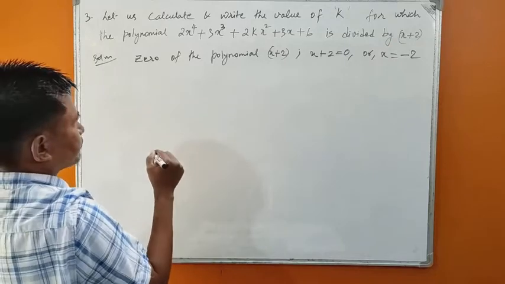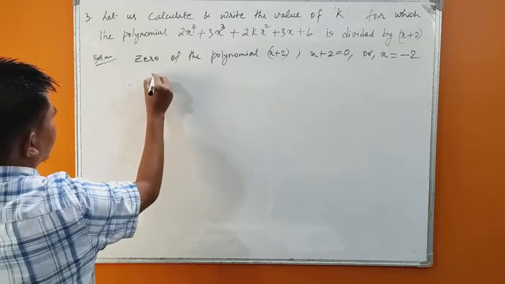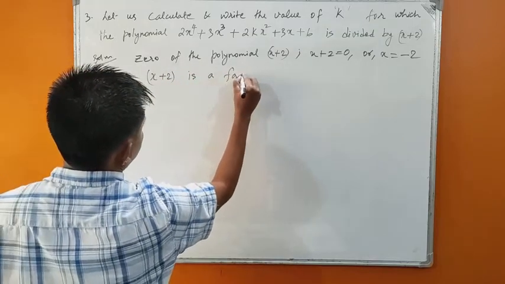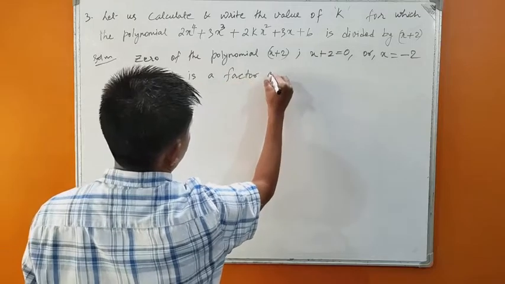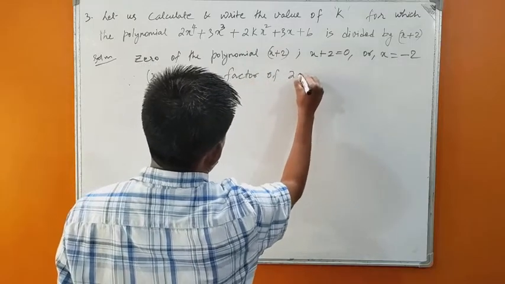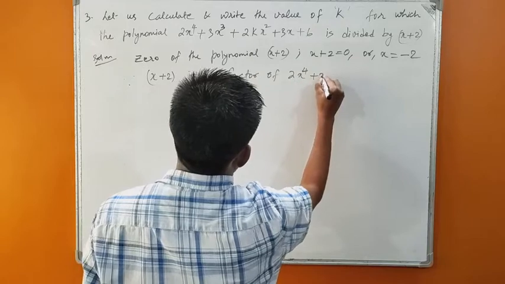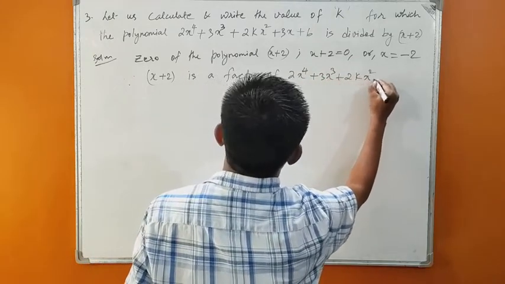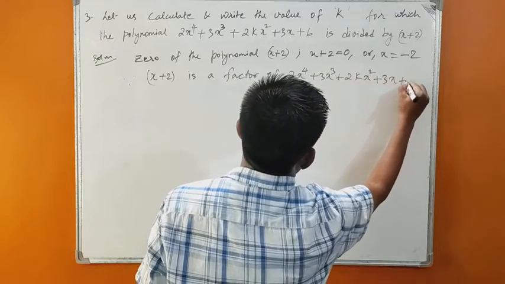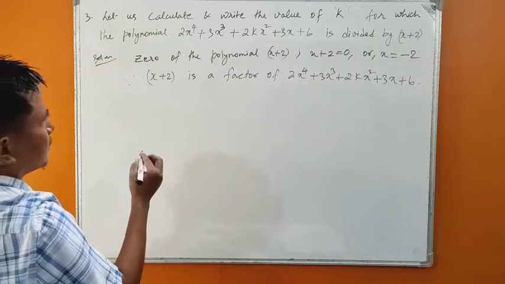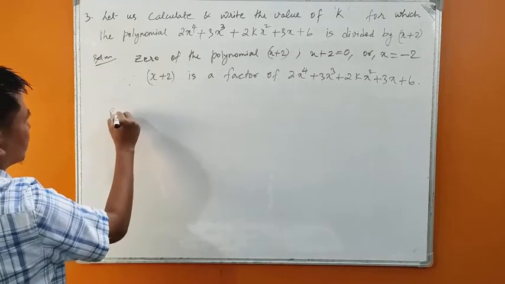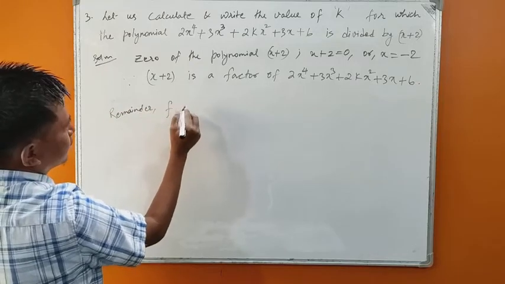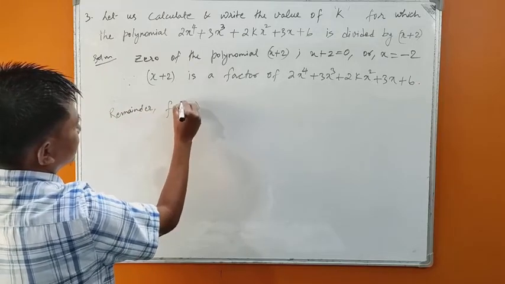Okay, now since x plus 2 is a factor of 2x to the power 4 plus 3x cubed plus 2k x square plus 3x plus 6. Okay, that means remainder f(-2), isn't it?